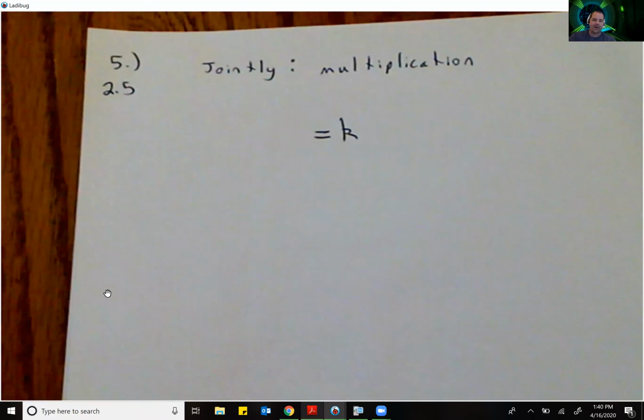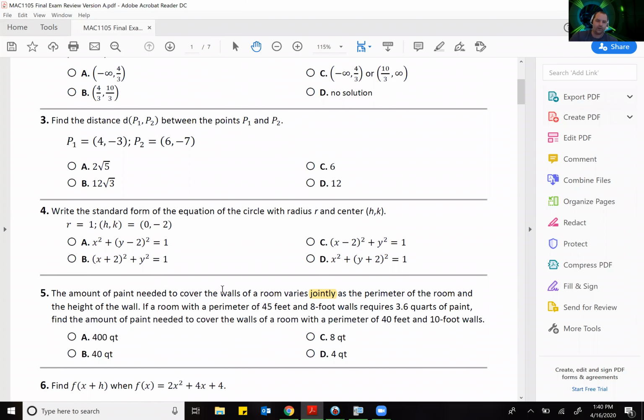All right, so let's put in our variables. So it says the amount of paint needed to cover the walls. All right, so that's our variable there. What do you want to call it? P for paint, maybe? P would be a good variable, but that's actually going to be better for something else. So let's use a different variable. If we look later on, it says that it's quarts of paint.